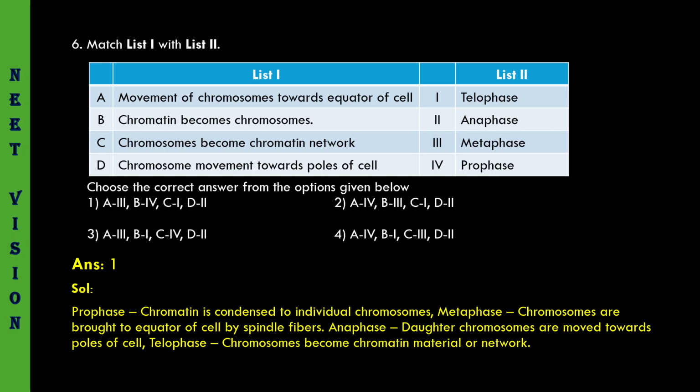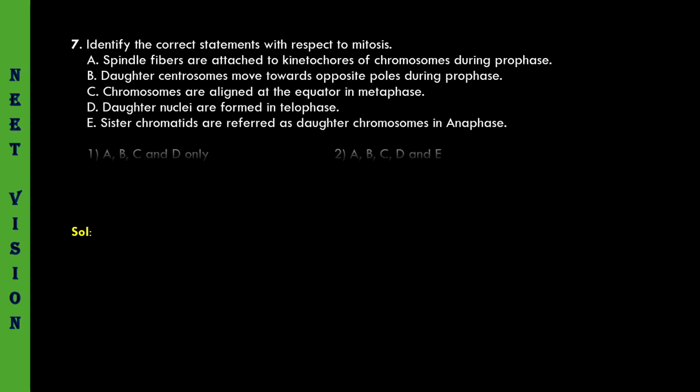Coming to the next question. Identify the correct statements with respect to mitosis. With respect to mitosis, you have to identify the correct statements. Spindle fibers are attached to kinetochores of chromosomes during prophase.